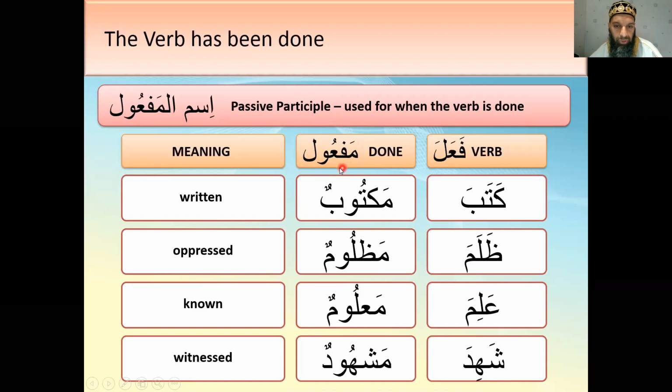If you go into hadith and you're talking about narrators, it's going to be mentioned that this narrator is majhul. He's having the jahala, the ignorance done upon him. So it means he's unknown. So majhul means unknown, not known.